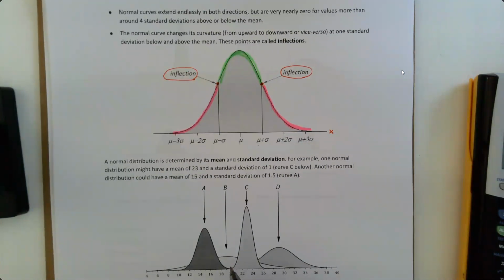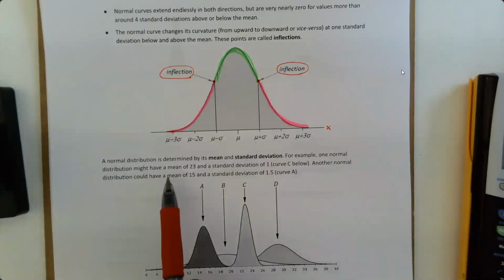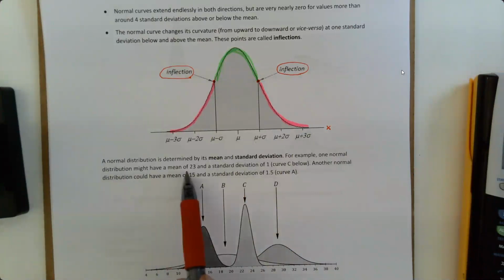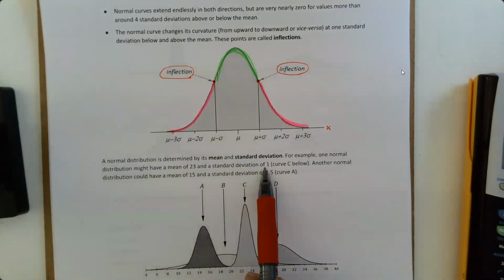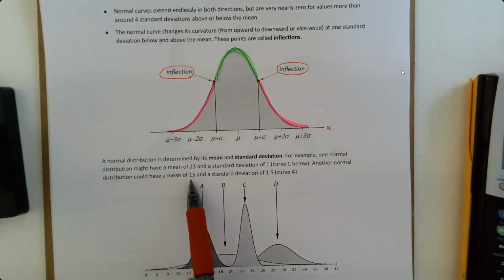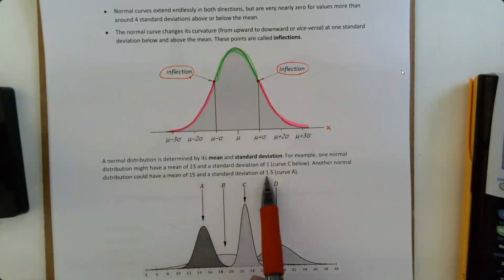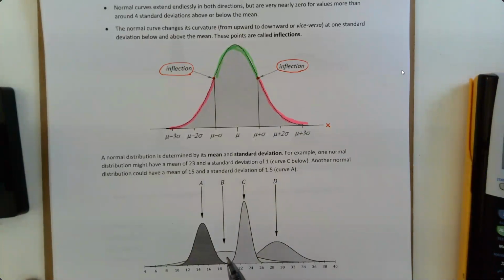Very well. So a normal distribution is determined by its mean and standard deviation. For example, one normal distribution might have a mean of 23 with standard deviation of 1. Another normal distribution could have a mean of 15 and a standard deviation of 1.5. So each distribution is related to a random variable.